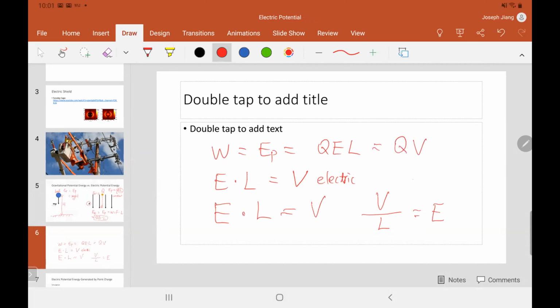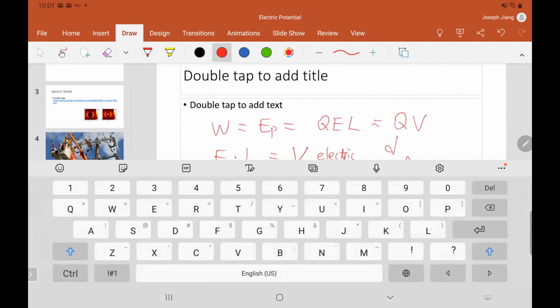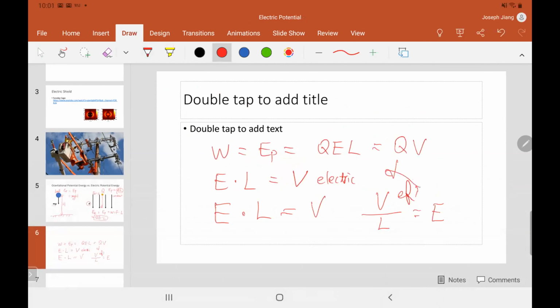Okay, this is a definition. So if we have potential, then we can calculate the electric field. If we have the field, we can calculate the potential. Okay, so I think this is what I'm going to talk about today.